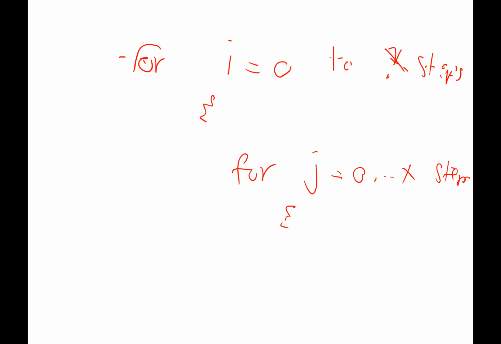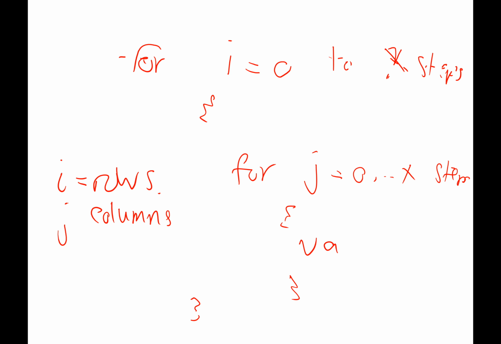Open that for loop, close that for loop, and close that for loop. So the i would be the rows, and the j would be the columns, and the variable would be ij. But we will see this in the following example.